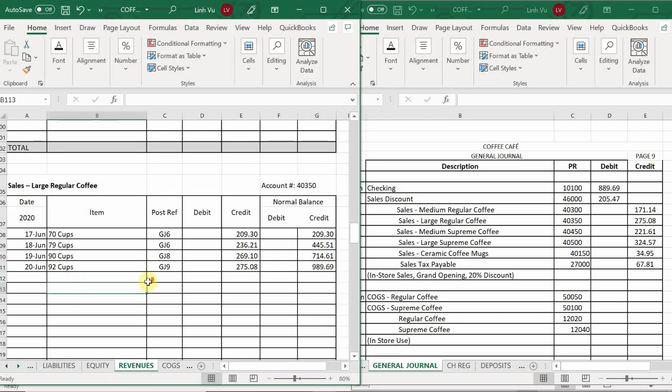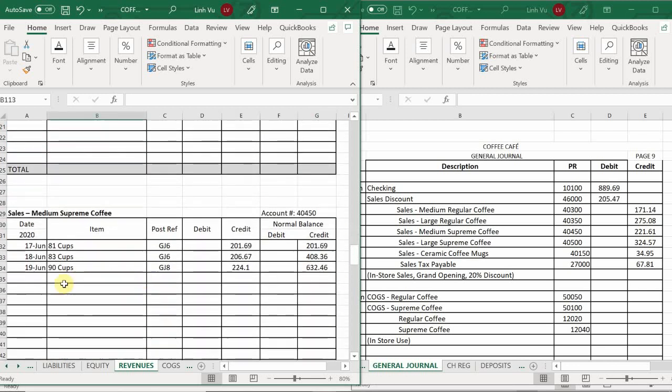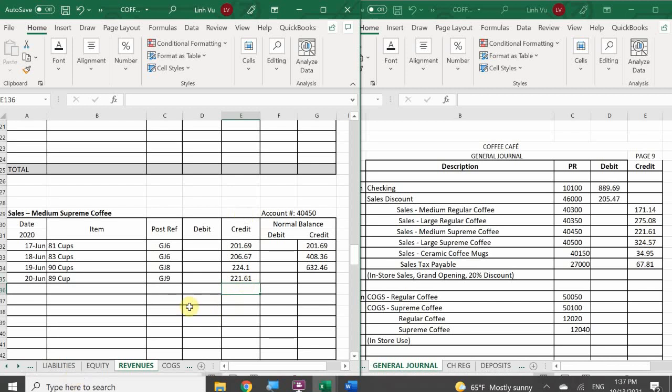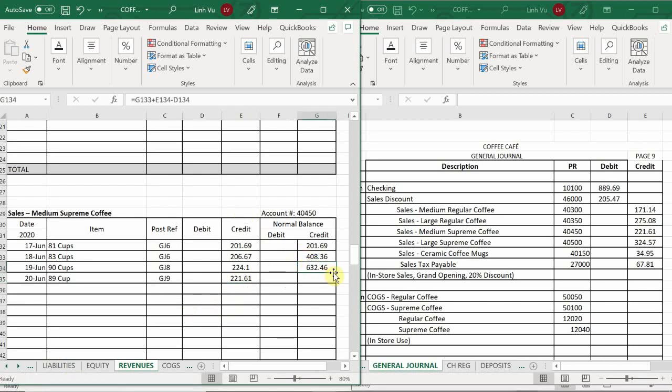Good. What about the medium supreme cups? We have 89 cups for 221.61. So we have 854.07. Yep, perfect.